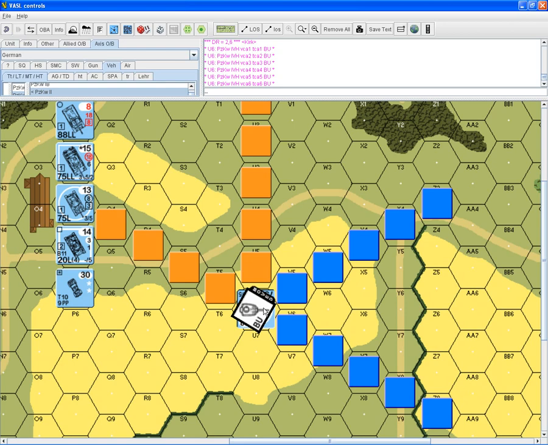In this case, your coaxial machine gun would be able to fire through your blue hexes and anything in between it. And in this case, your bow machine gun would fire anywhere in the orange hexes or anywhere in between them.